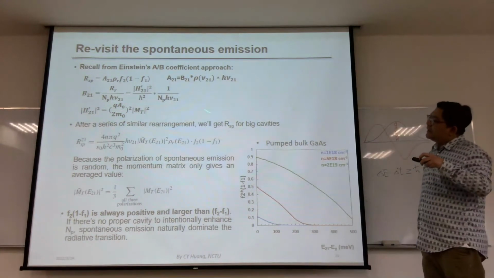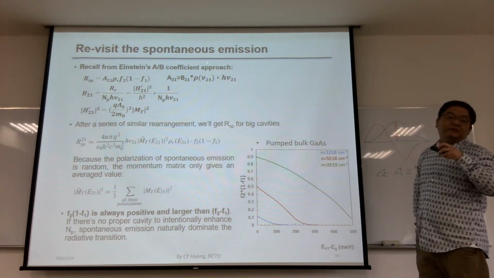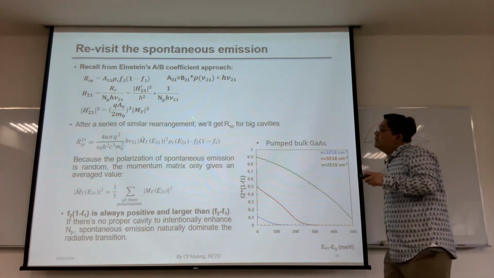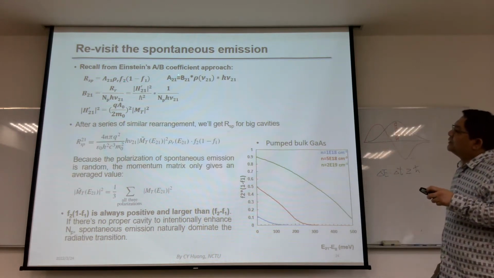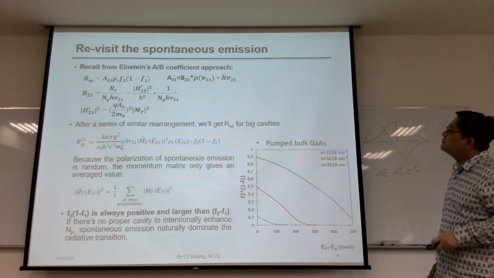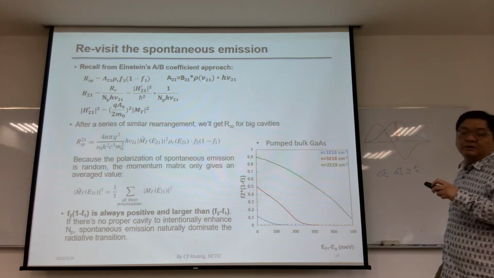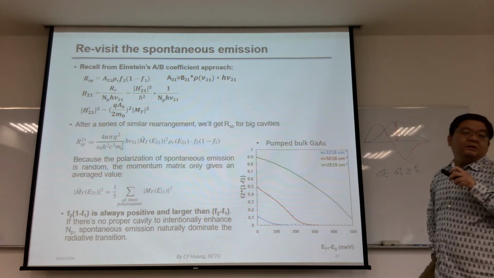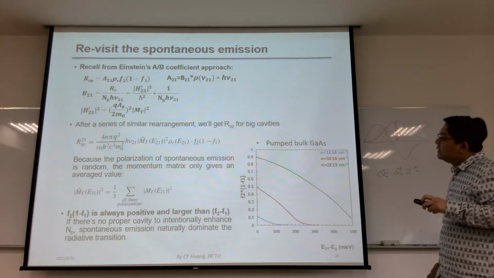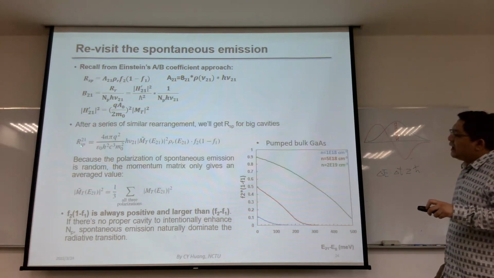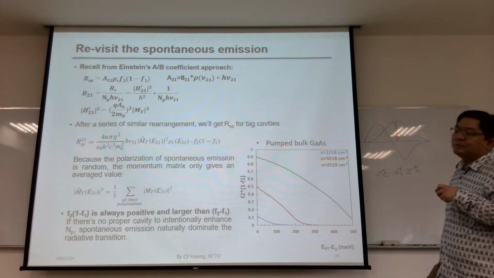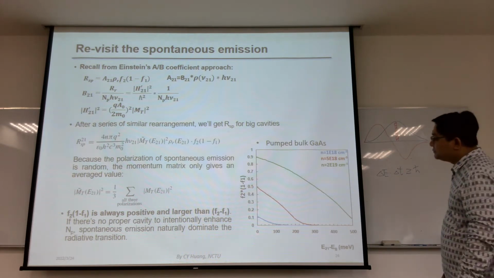Since we can also take a revisit, we can also review the spontaneous emission as well. We have the relation between the A21 and the B21 as the emission here, and it is relevant to the mode density of your cavity. And the R_sp term is proportional to f2 times 1 minus f1.